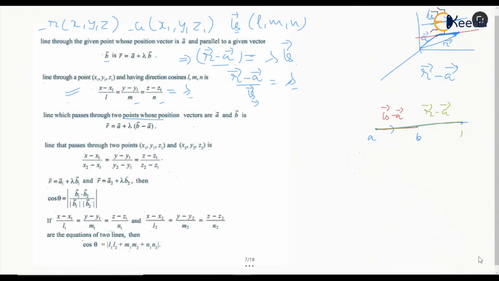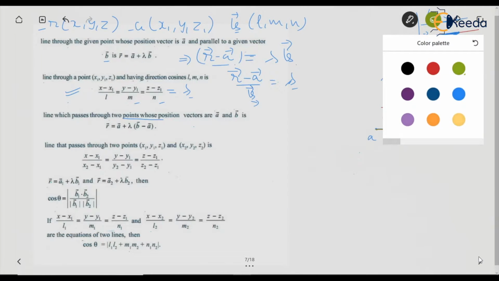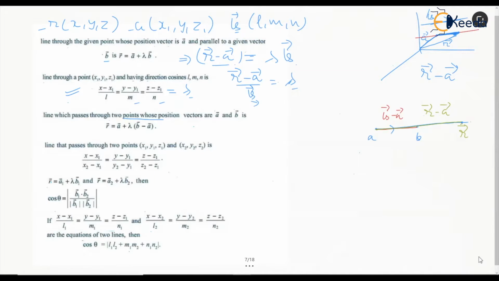Let's say this is the R vector. Then again, both the lines being parallel, it is required that R minus A should be parallel, so that it is lambda times B minus A. So this is where we are getting the equation R is equal to, this A goes on the other side, R is equal to A plus lambda times B minus A. So this is the line joining 2 points.